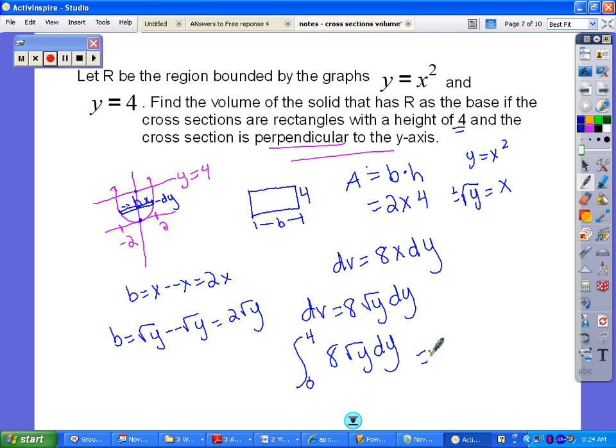If you want to integrate it by hand, you can as well, but I'm just going to plug this into my calculator. And we get 42 2/3 as the volume of this region.